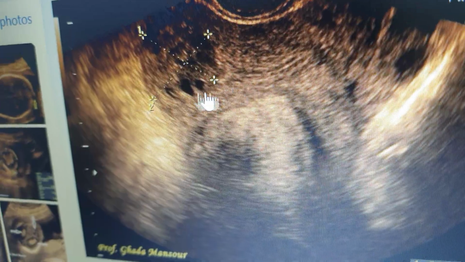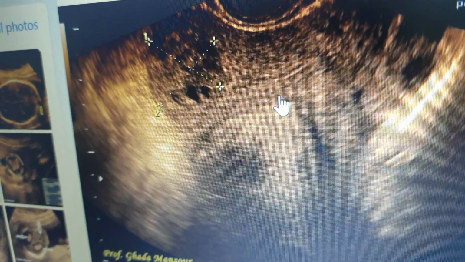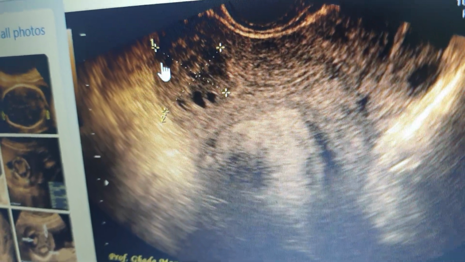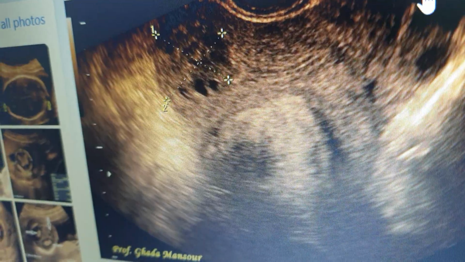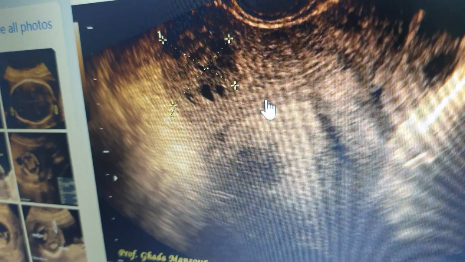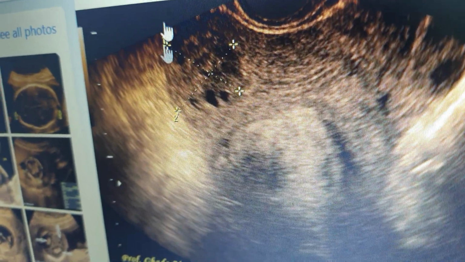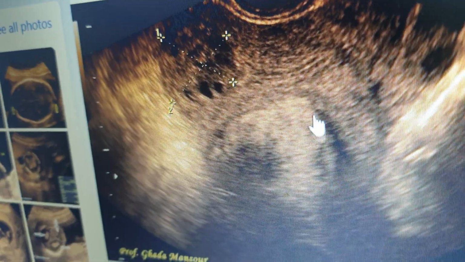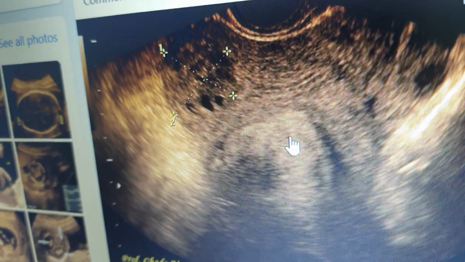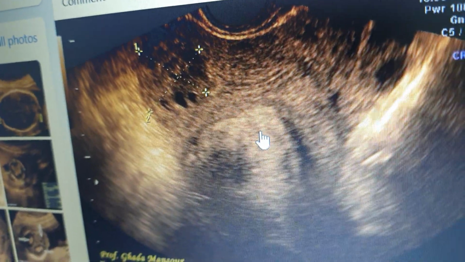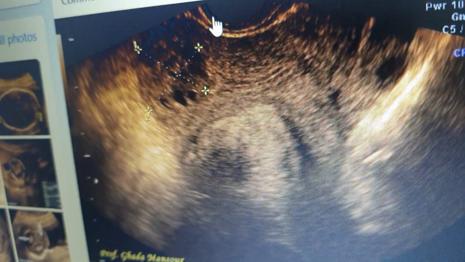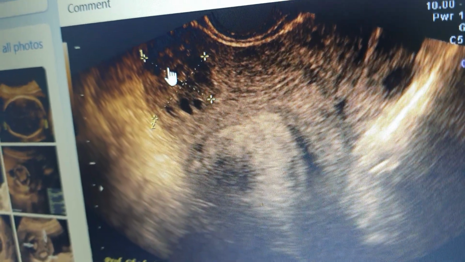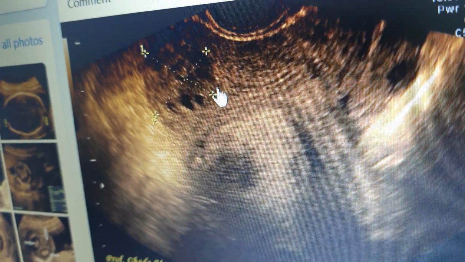So in this case, you can see the endometrium, triple line endometrium, and this is the fundus, and this is towards the cervix, and this is the myoma. We have two myomas, one with cystic degeneration, and the second is in the posterior wall. Sometimes we see the degeneration of the myoma reaching a completely cystic area.